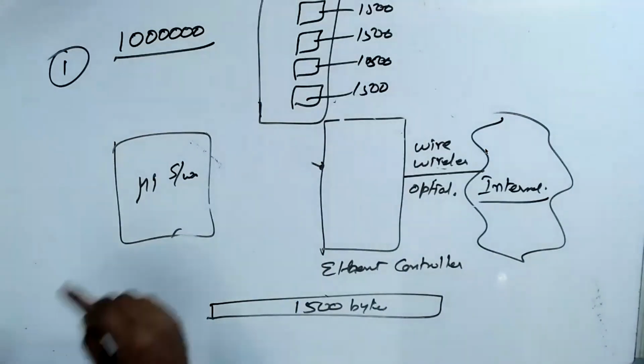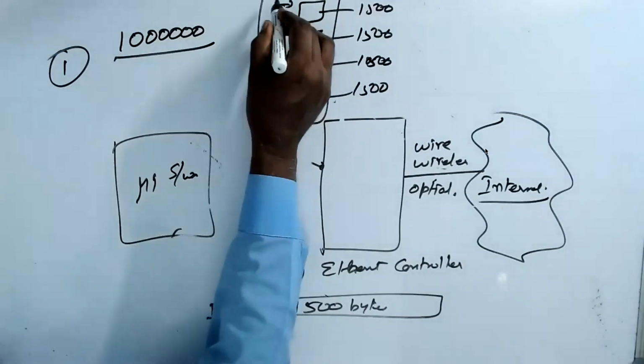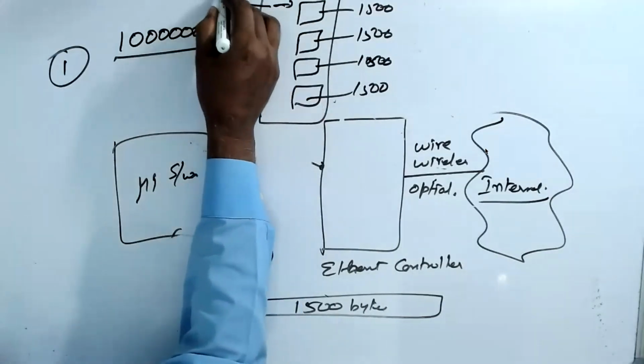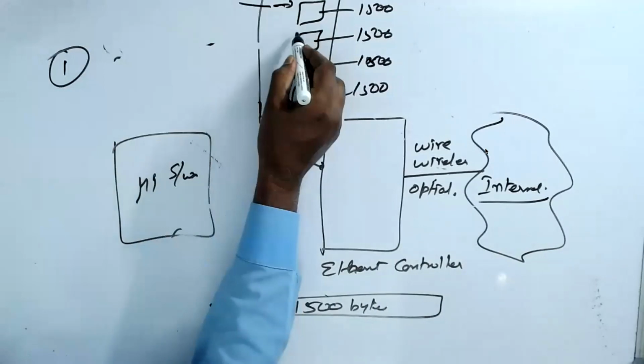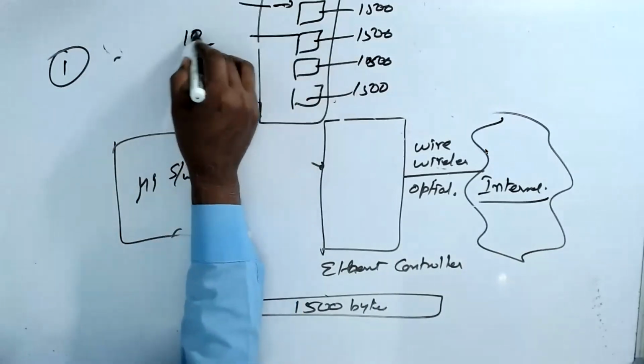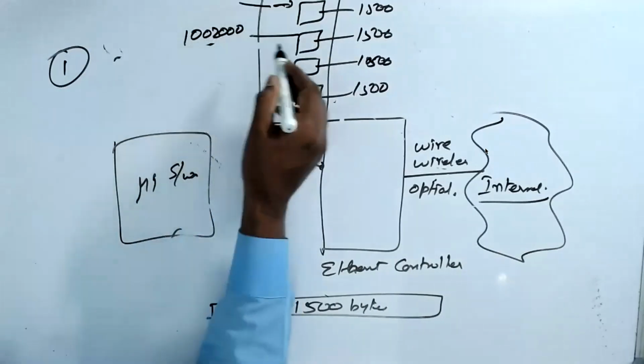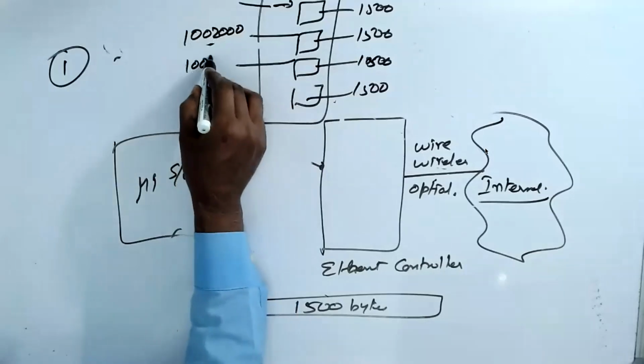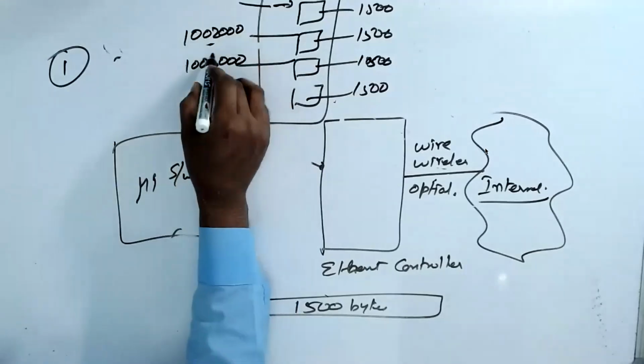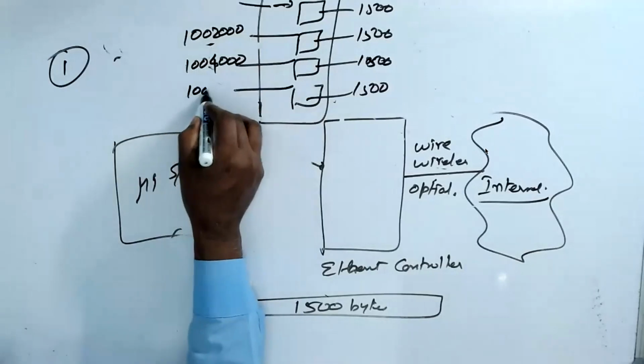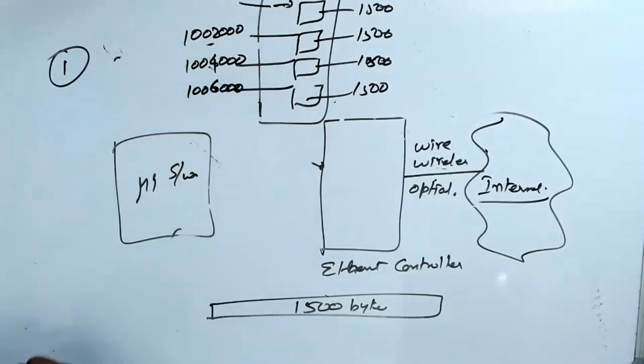Now, this is stored at some address, 1 lakh, and this is stored at some address, 1 lakh and 2000. This is stored at some address, 1 lakh 3000, 4000. It is stored at various places.